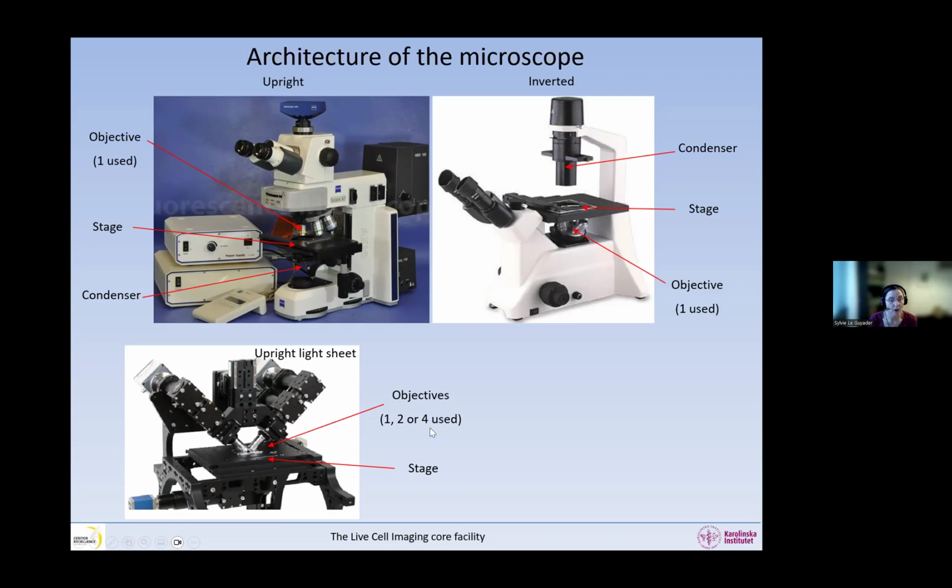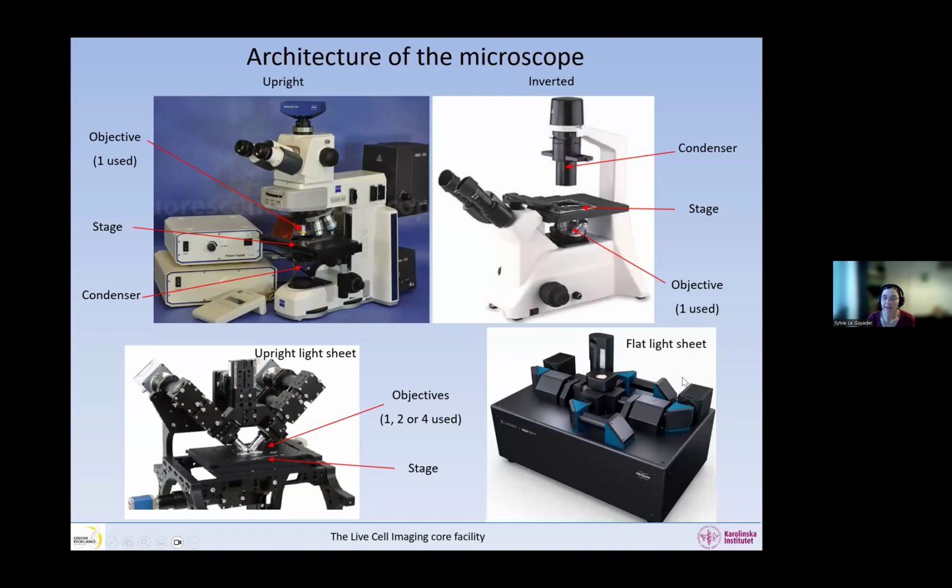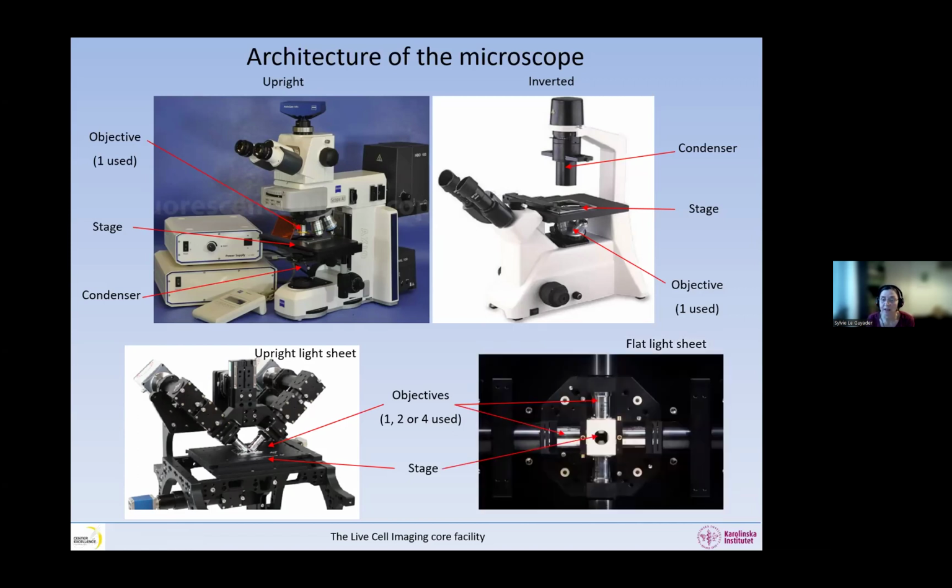Good. And this is a flat light sheet. And why is it flat? Because this is the place where we put the sample. If you would open this and look from the top, this is what you see. So this is the place where the sample is. That's the stage. And we have 4 objectives that are used simultaneously to image.